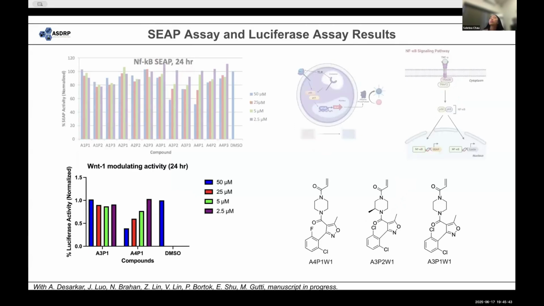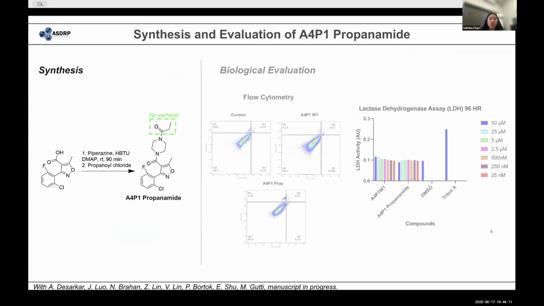We also tested our compounds' effect on Wnt modulation because the Wnt pathway has been shown to also be a propagator of cancer, and we found that out of all of them, none of them significantly had any effect on luciferase, except A4P1, showing that A4P1 has a dose-dependent micromolar inhibition.